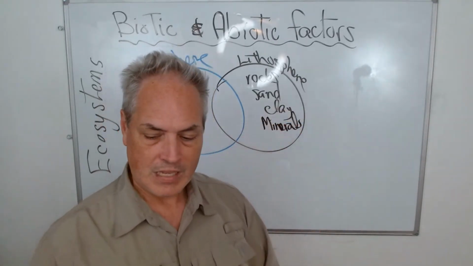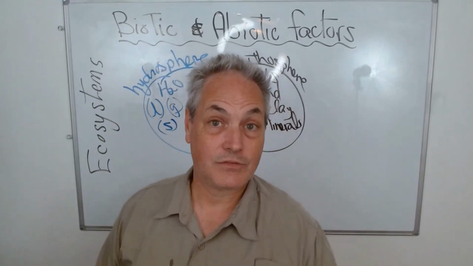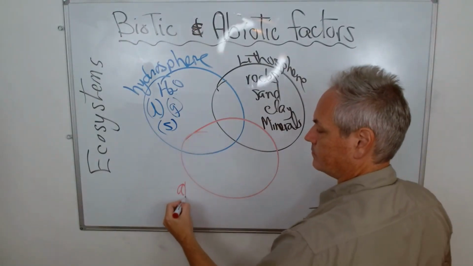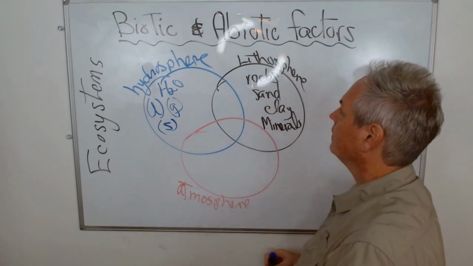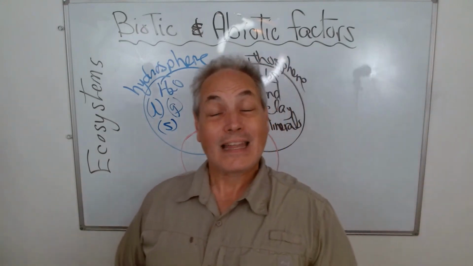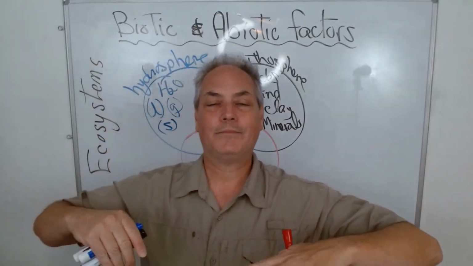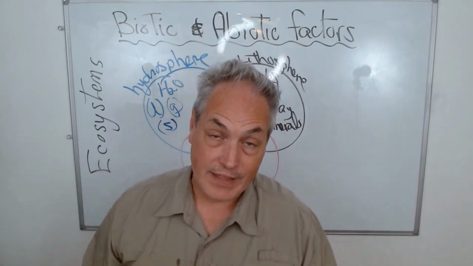Now we have the third one, and the third one is called the atmosphere. The atmosphere is the gas in which we live, the air that we breathe in and breathe out.